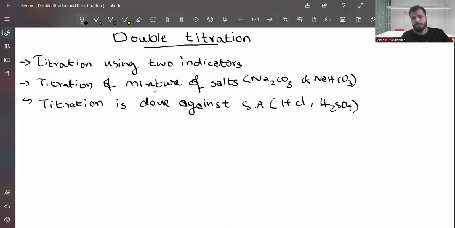let's talk about the two indicators that we are going to use: phenolphthalein and methyl orange.